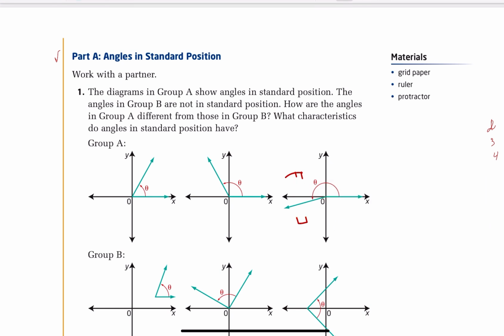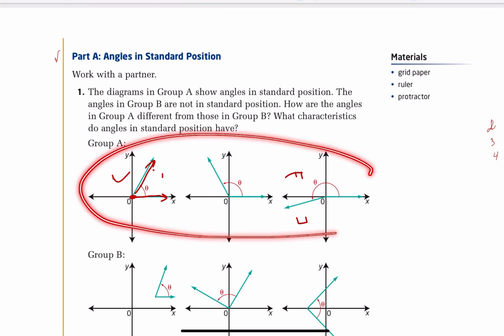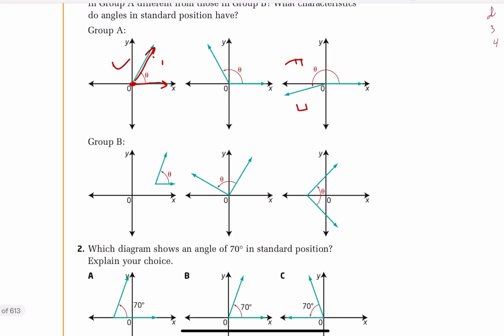Same thing, let's check this one. We have the starting arm from this side, we have the same endpoint, and the second arm lying in quadrant 1. So it is in a standard position. All these three are in standard position.